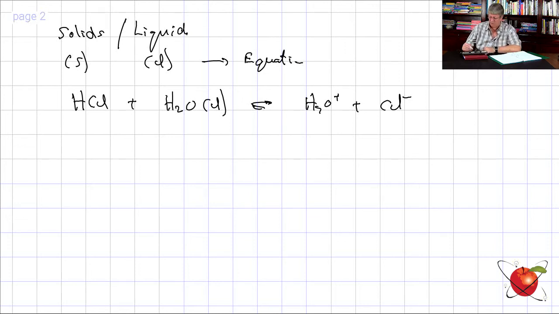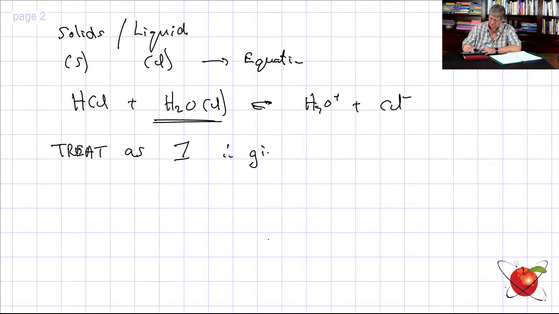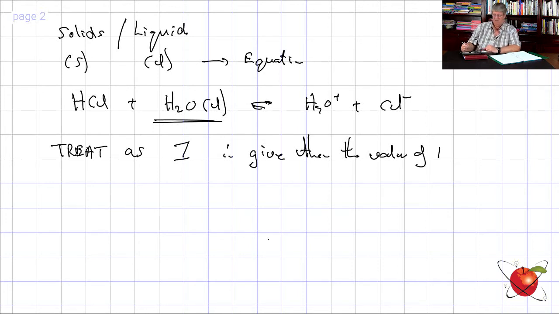Now, at equilibrium, we're going to get to this one, but please, the solids or the liquids, you treat as one. Therefore, give them the value of 1. Okay, not 0. It is 1.